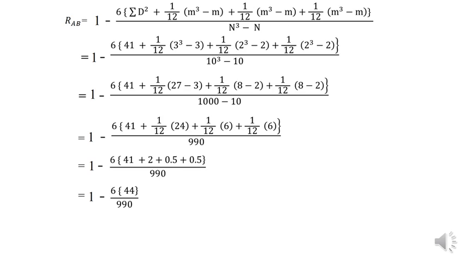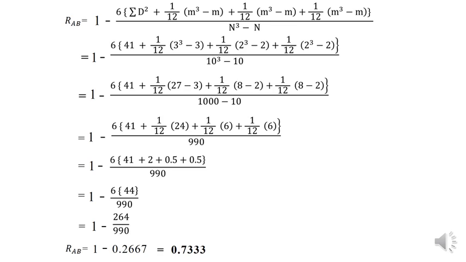Simplify 6 into 44 divided by 990. 1 minus 264 divided by 990, which is equal to 1 minus 0.2667 equals plus 0.7333. This is the rank correlation between judges A and B.